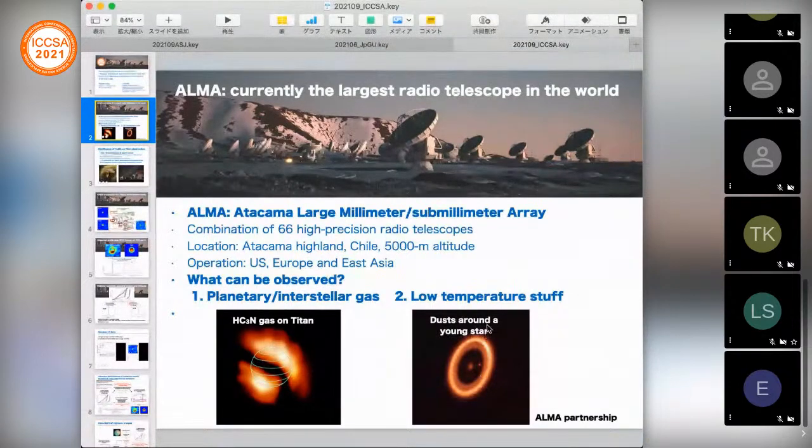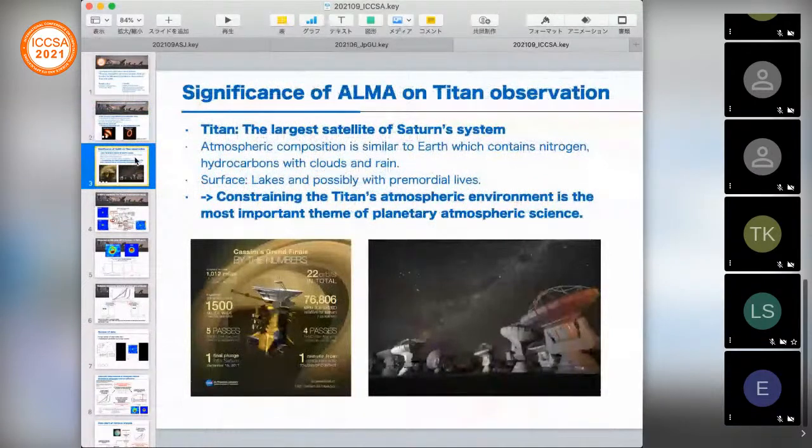And the other is low temperature stuff such as dust and rocks. This is a close-up view of a dust ring around a young star. Some planets are likely to be present here, but we are focusing on the planetary observation results. I'm focusing on the research of Titan's atmosphere. Titan is the largest satellite of the Saturnian system.